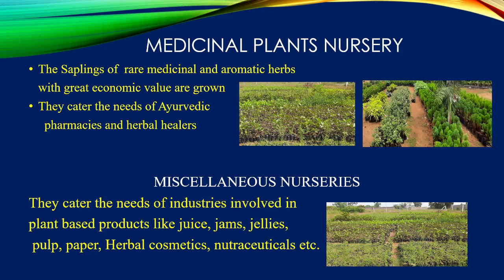Miscellaneous nurseries cater the needs of industries involved in plant-based products like juice, jams, jellies, pulp, paper, herbal cosmetics, nutraceuticals, etc. So these are some of the nurseries which are classified based on the plants produced in those nurseries.